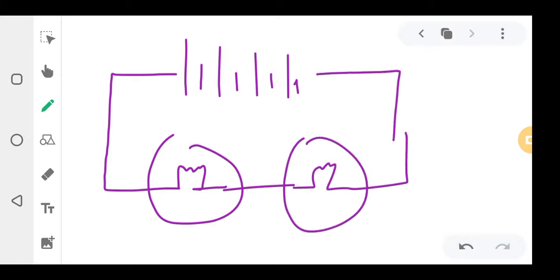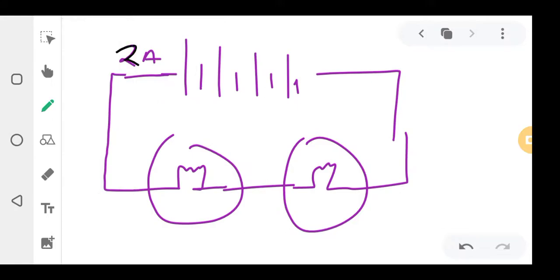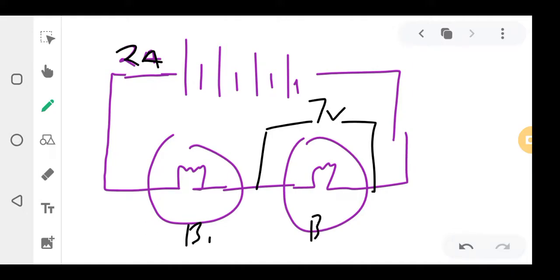Here they put, let's say, the current coming there is 2 amps. And the voltage across this resistance here, I'll say 7 volts, for example, this bulb here. So this is the first bulb, and this is bulb 2.